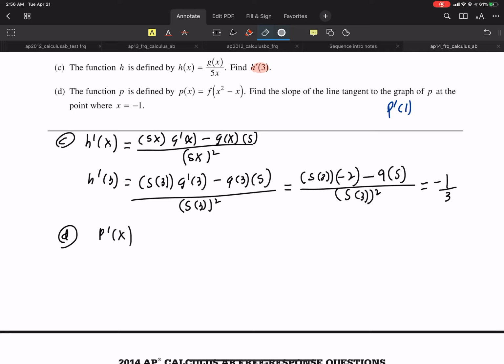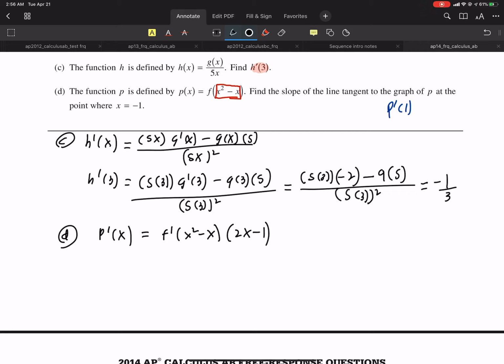Well, what's going on? You should recognize you have a function in a function. So the function on the inside is the box. So what is the derivative of f of box? It's going to be f prime of box times the derivative of box, which will be 2x minus 1. That's the chain rule.